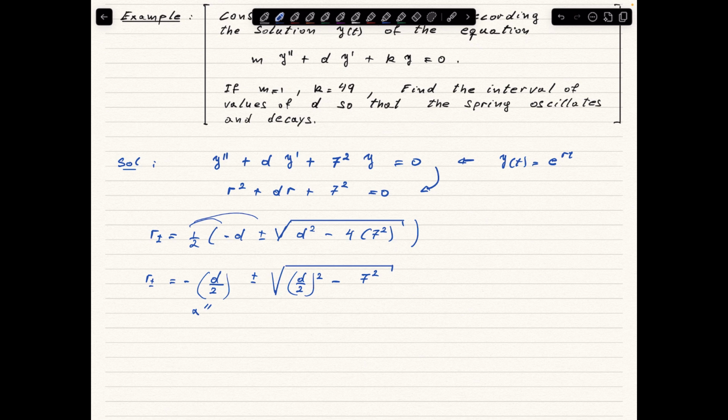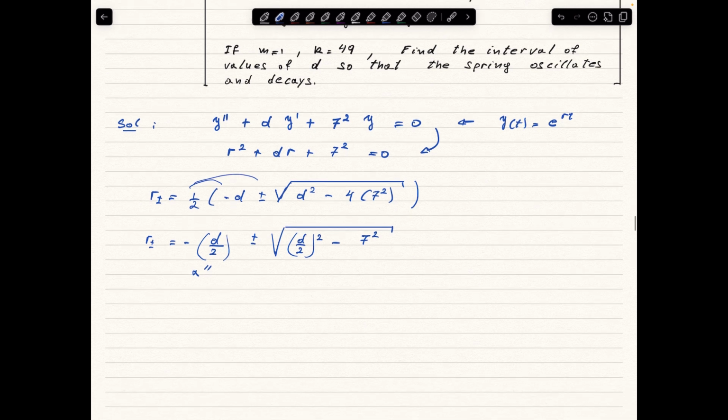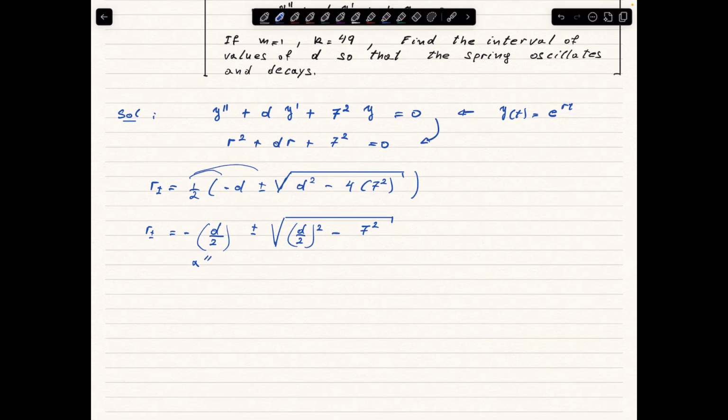Now we want the solution to decay and oscillate.